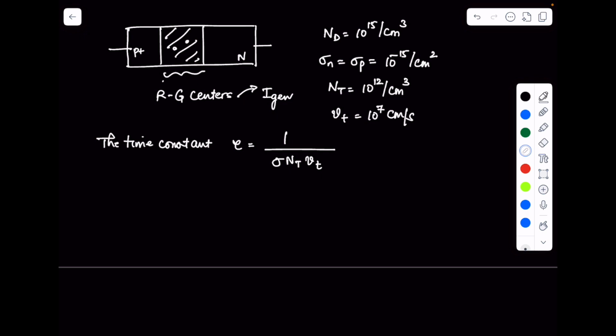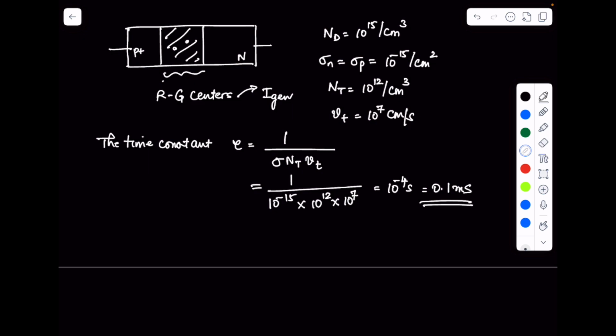So my tau, putting in the numbers, is 1e-15 into 10^12 into 10^7, and that works out to 10^-4 seconds or 0.1 millisecond. So this is the generation lifetime for this particular diode.